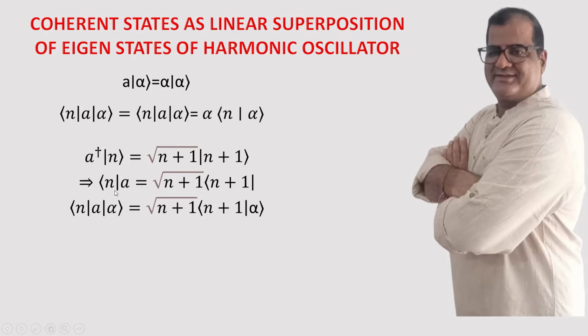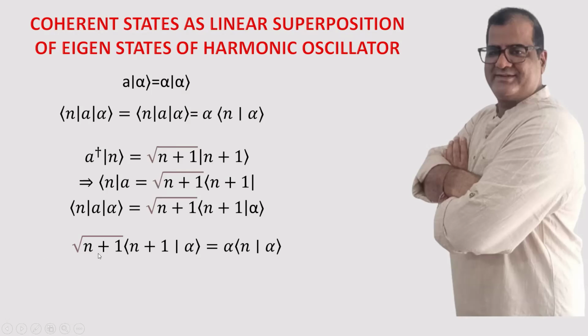Now if I operate with ket alpha from the right side, this equation turns out like this, and now I can write <n|a|alpha> as alpha times <n|alpha> from the above expression. So now this equation becomes root n plus 1 times <n+1|alpha> equal to alpha times <n|alpha>.